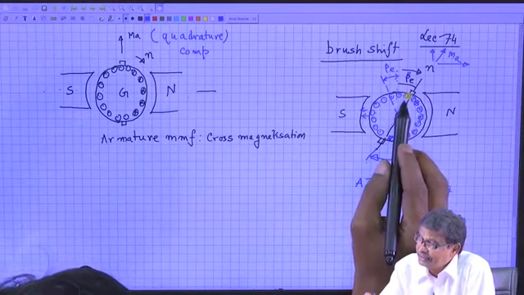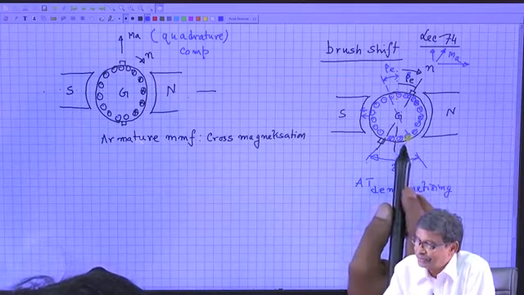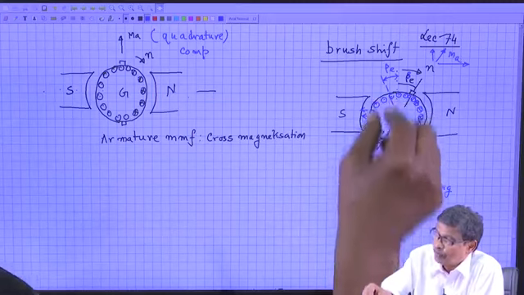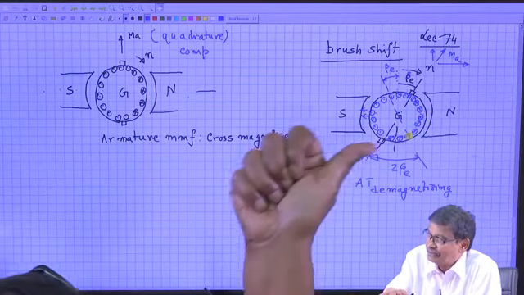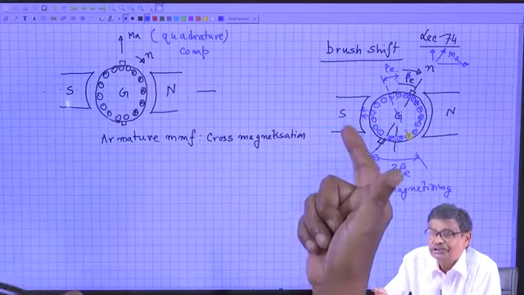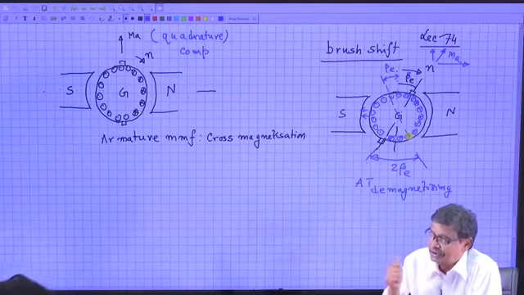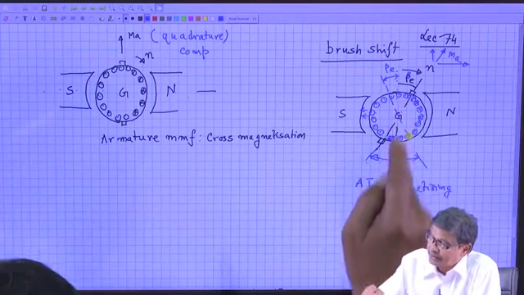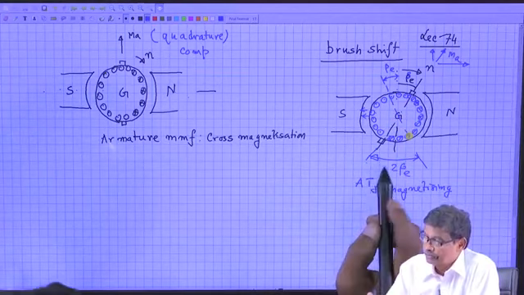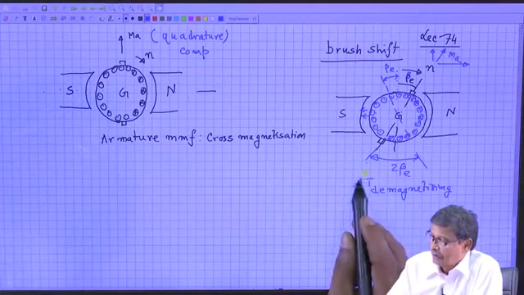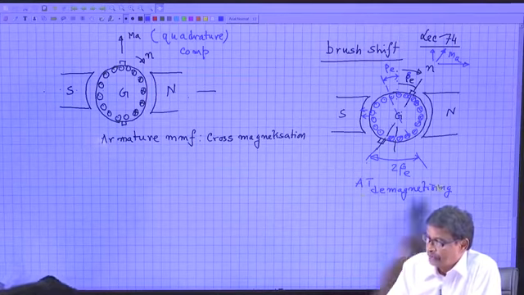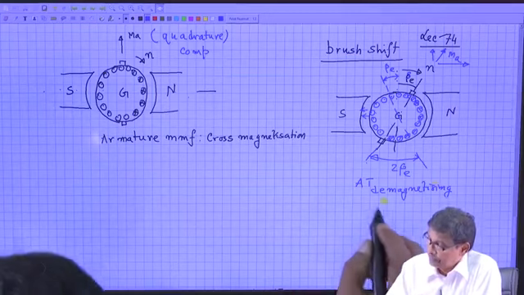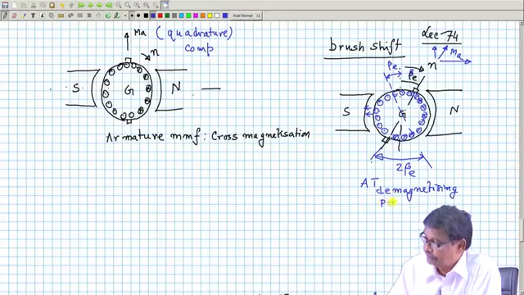Then I see that this is dot, this is cross, and this MMF lying in this 4 beta E angle will be along this direction, directly in opposition with the direct axis flux. And it is these conductors which will be responsible for computing how much are the demagnetizing ampere turns per pole.